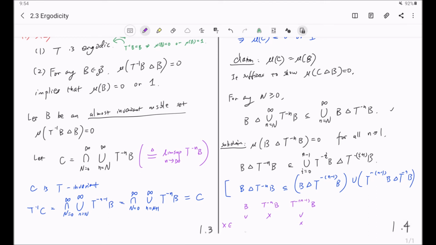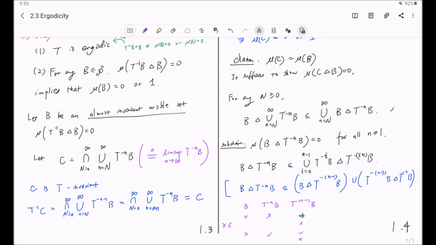And another case is that it is not in B but in T negative n B. And in that case, it might be in here or not in here. So totally, there will be 4 cases to consider.